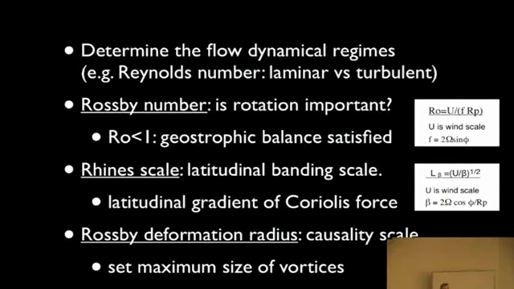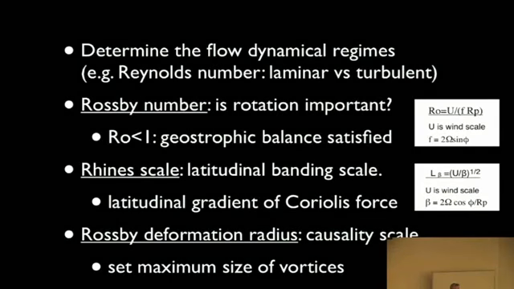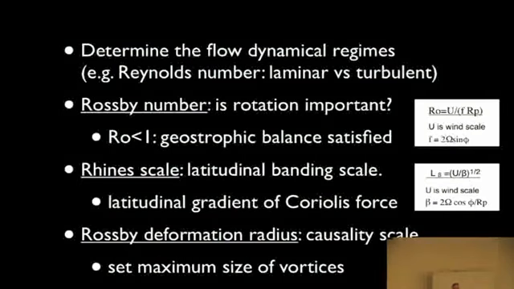And so what's interesting about this, as you're going to see in a few slides, is that the typical regime we are in for exoplanets, for which we have data, tends to be a regime where the rotation is not super important and those scales are large.